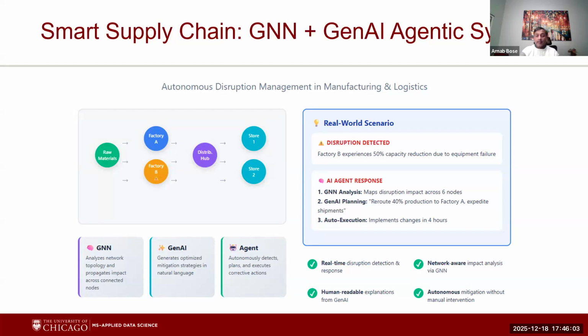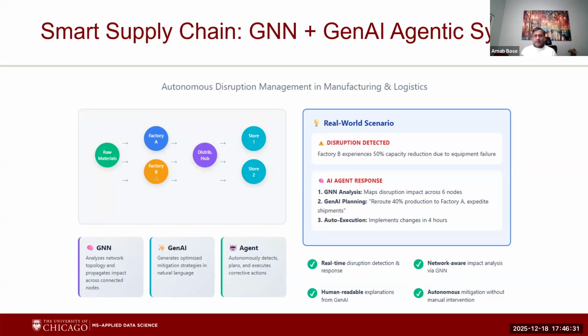An agent could be rerouting some of the raw material to the factories, maybe routing some more towards factory A because factory B is experiencing a capacity reduction, all to minimize the disruption and the impact of this factory B capacity reduction.